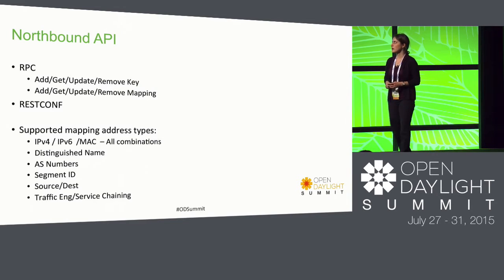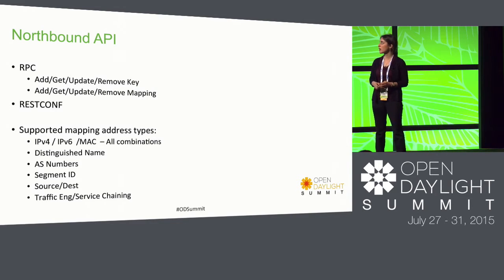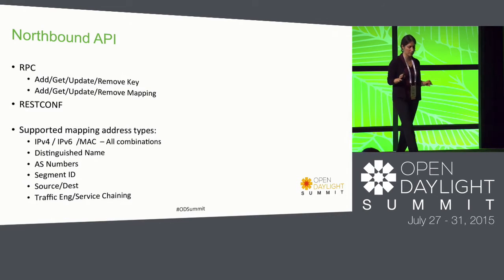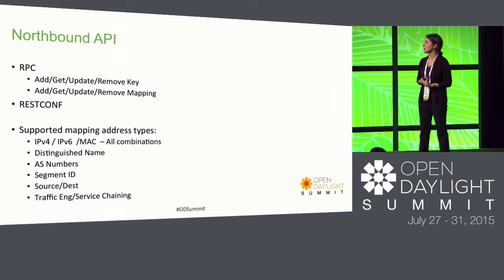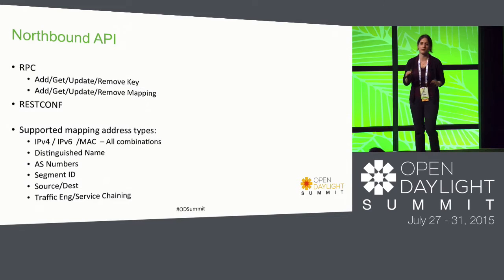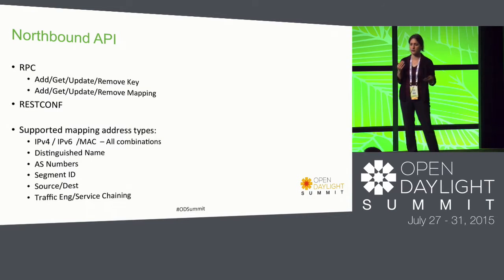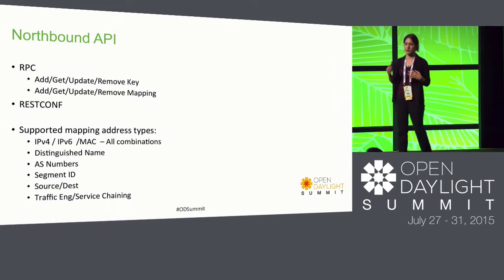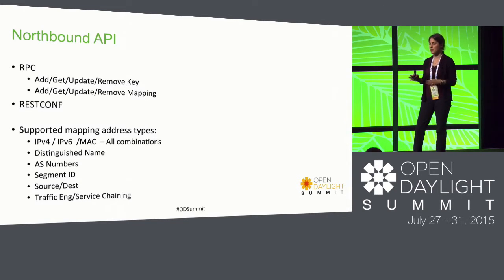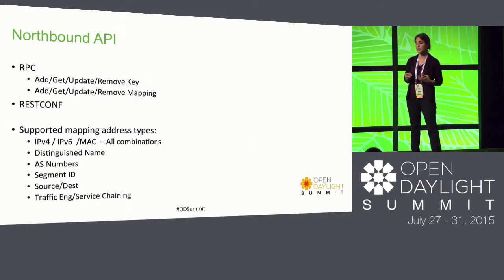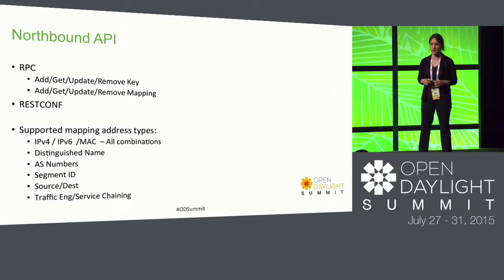So going to the APIs that can be used, we have very basic RPCs. There's only two, and basically there's only one that is very important, and you can use it to do almost everything that you need, and that is mappings. So you can add mappings, remove them, update them, delete them, and that is mapping of an EID, or a virtual address, as an input, and mapping it into the underlying address.